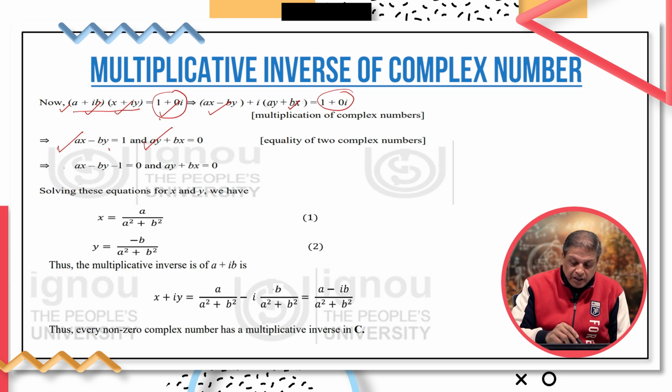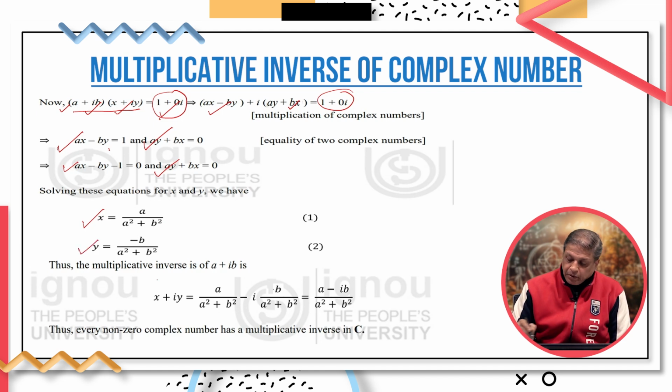Now rearranging the expressions, we will get ax minus by minus 1 is equal to 0, and over here we will get ay plus bx is equal to 0. Solving these equations, you will get x is equal to a upon a square plus b square and y is equal to minus b upon a square plus b square.